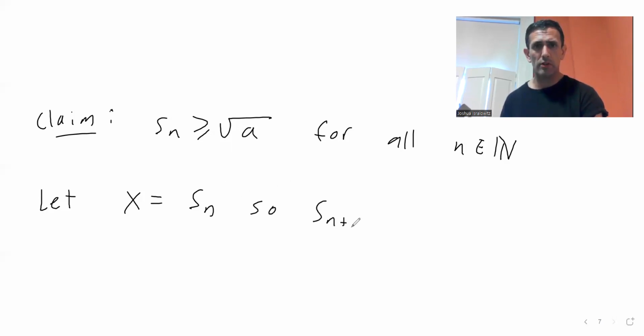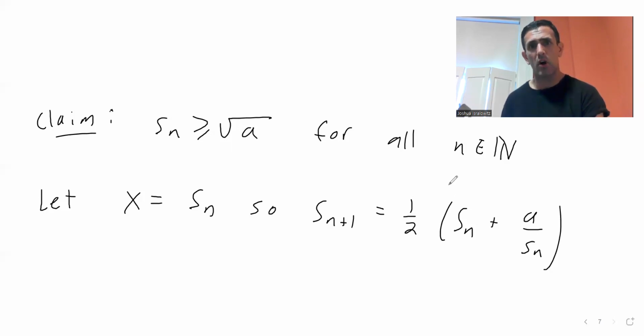So Sn plus 1 is 1/2. I'll erase stuff in a second. This is just a definition. But I'm saying let's call Sn X. So it's X plus A over X times 1/2. All right, so let me multiply by 2x.